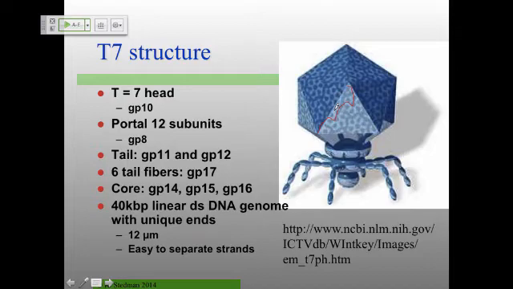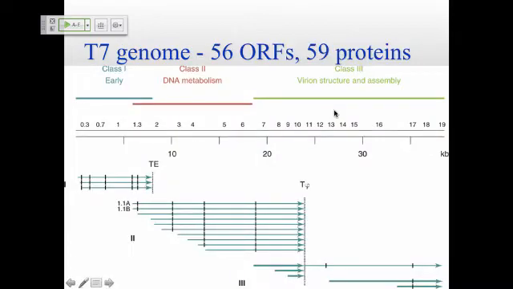What does that genome actually look like? Here it is, our 40 kb genome, and it's really nicely organized, at least in terms of following how it works. We've got early genes at one end and late genes at the other, and then what's called middle genes here in the middle.